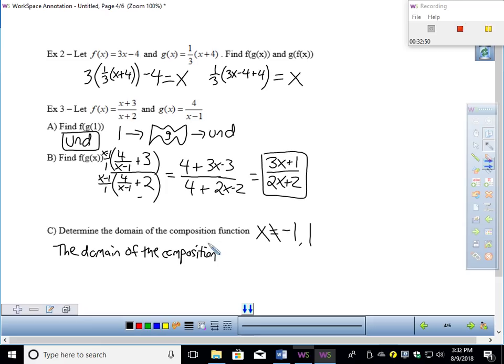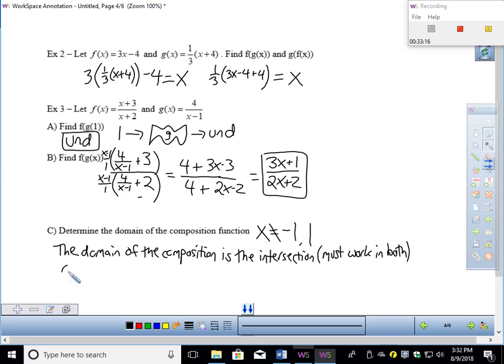So the domain of the composition is what's called the intersection. And when I say intersection, it must work in both of them. So that's what I mean by that. So it must work in both.